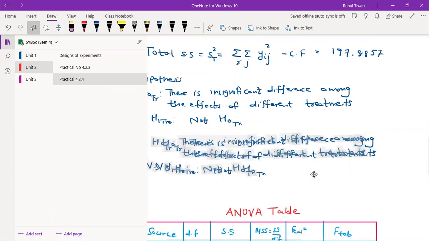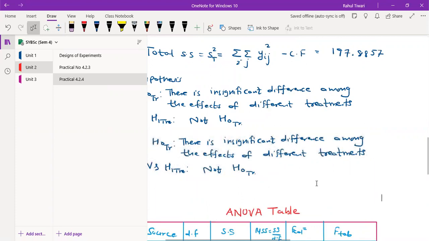So this is for block. Instead of treatment, now I'm going to use block. Different blocks. This is for block BL. So these two hypotheses you are supposed to write.